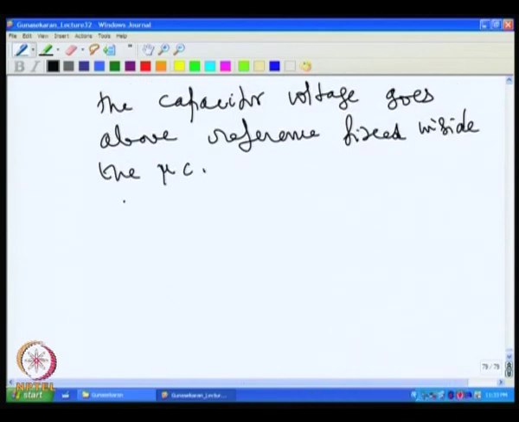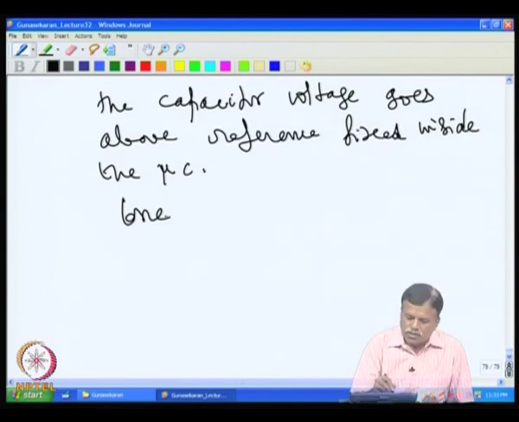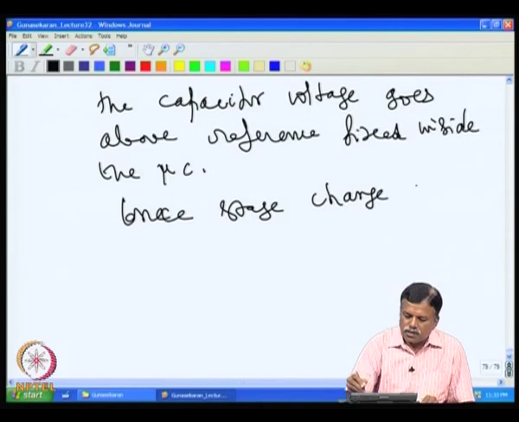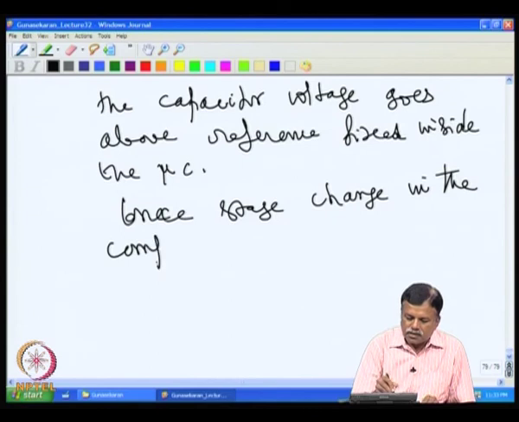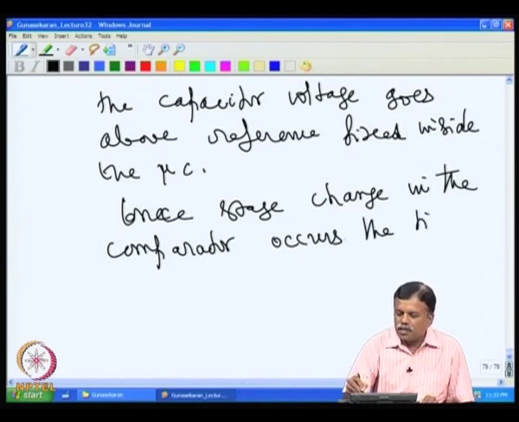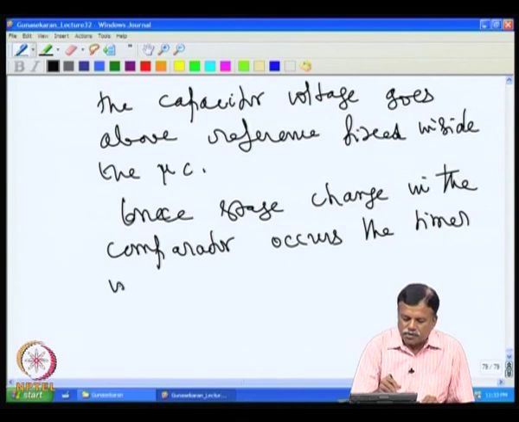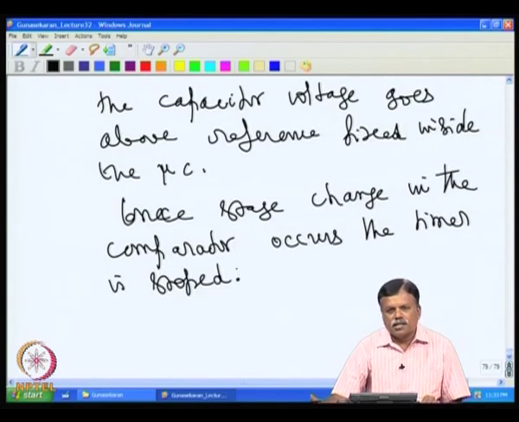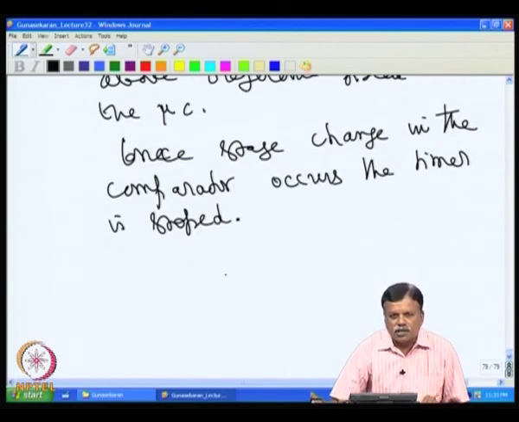Once the state change occurs in the comparator, the timer is stopped. That is, we had charged the capacitor for a certain amount of time to reach the fixed voltage value, and then the timer is stopped.